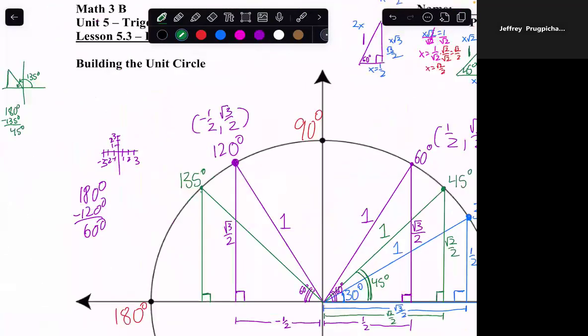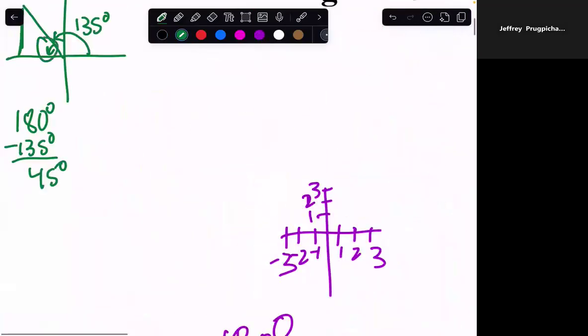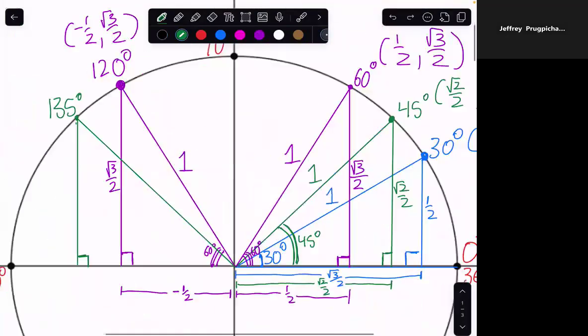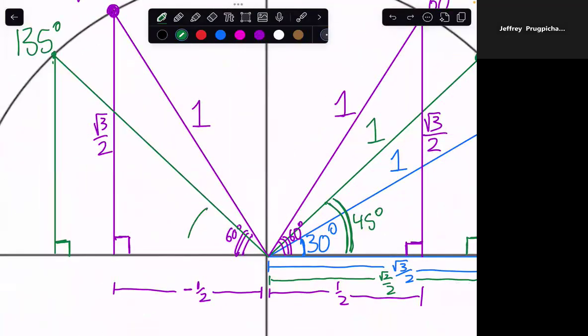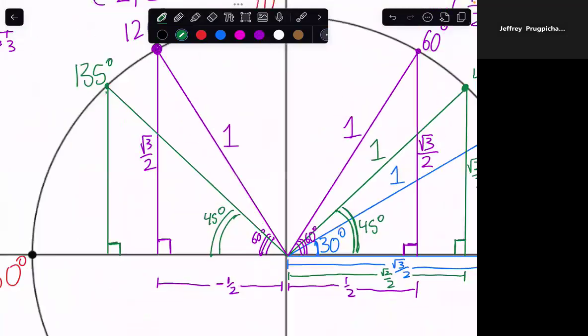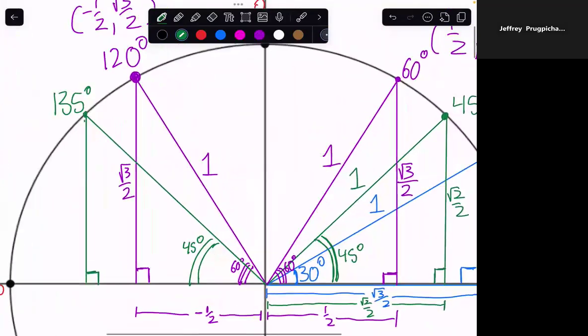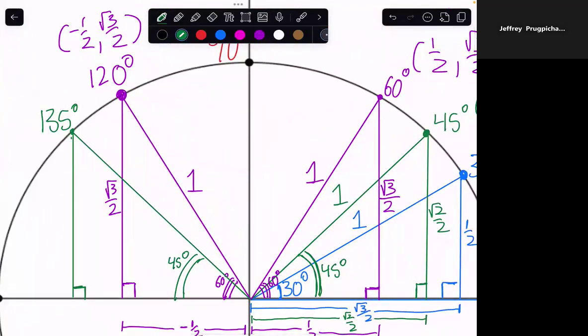I already showed over here that the missing piece, the triangle angle, will be 45 degrees. The hypotenuse is again a radius of the circle, so it's 1 unit long.